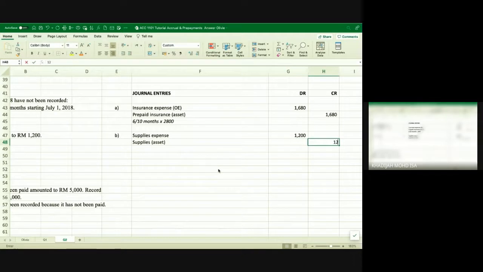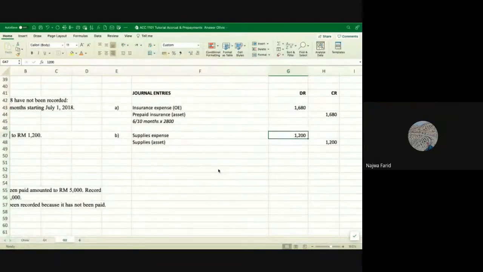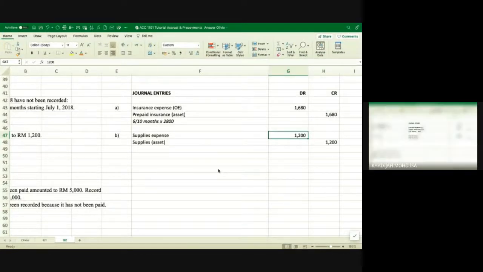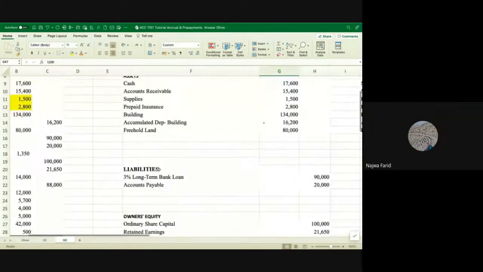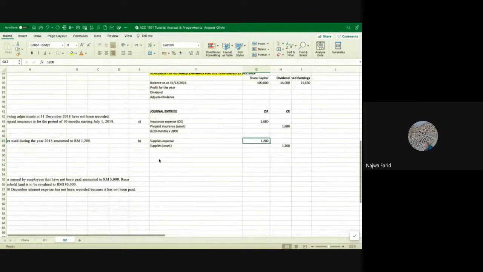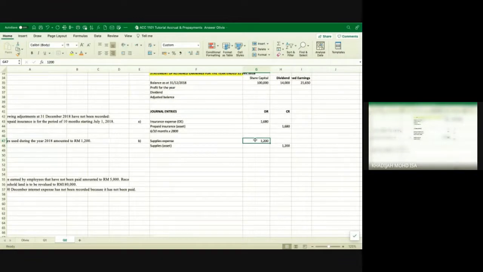All right. So why do you debit your supplies expense? Initially, do you have supplies expense in your account? No. Because it is an expense. Expense is part of owner's equity. Expense reduces OE.